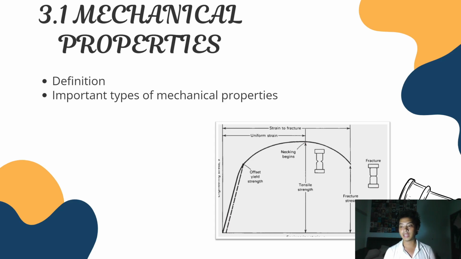Impact toughness, indicating energy absorption from loads that cause very high strain rates. Fracture toughness, indicating resistance to fracture with pre-existing flaws or stress raisers in the geometry of a part.